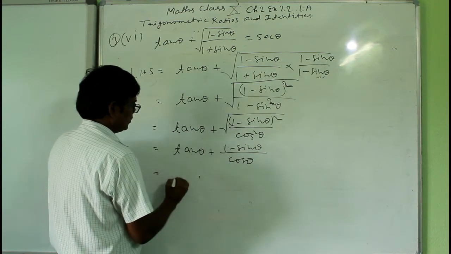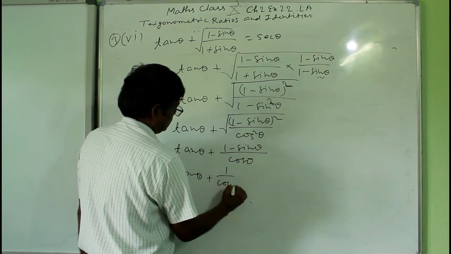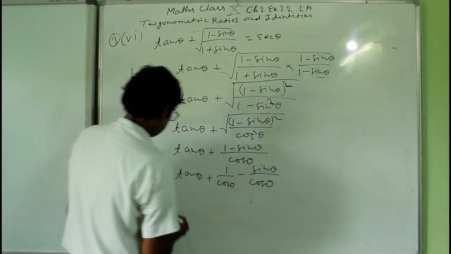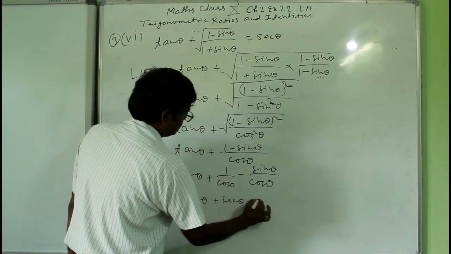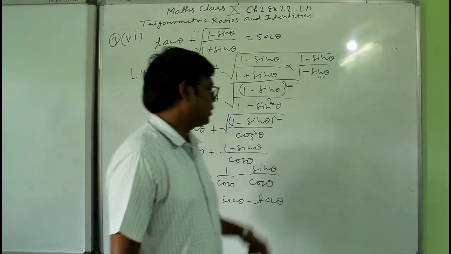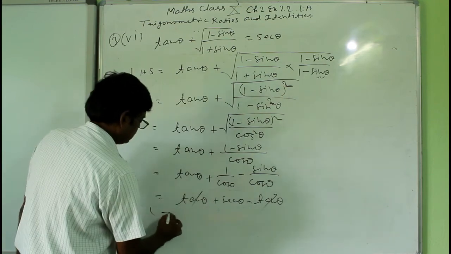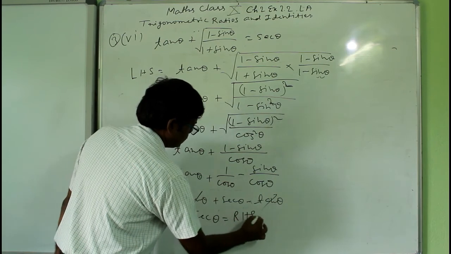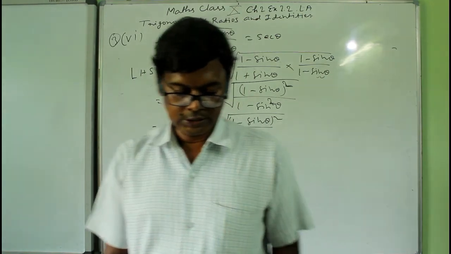Cos theta, then tan theta plus 1 by cos theta minus sin theta by cos theta, then tan theta plus sec theta minus tan theta. Okay, because sin theta by cos theta equal to tan theta. Now this tan theta minus and this plus will be cancelled out, then the answer is sec theta equal to RHS. It is proved.